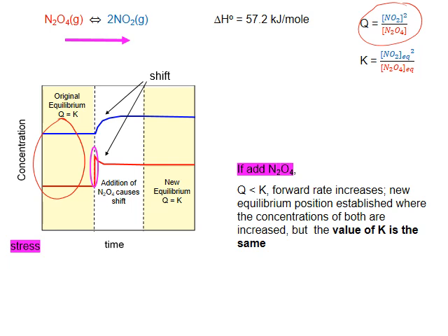This will increase the concentration of product and decrease the concentration of the reactant over time, until a new equilibrium position is established. Again, notice that we reach an equilibrium where we have constant concentrations of reactants and products, but these values are different from our original system. This is because we've added molecules to the system. What hasn't changed is the value of K.